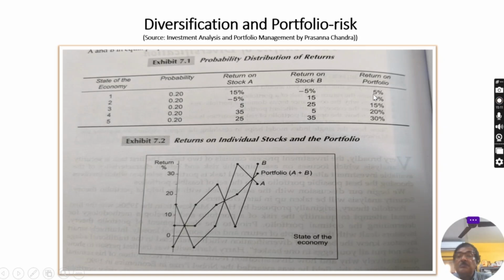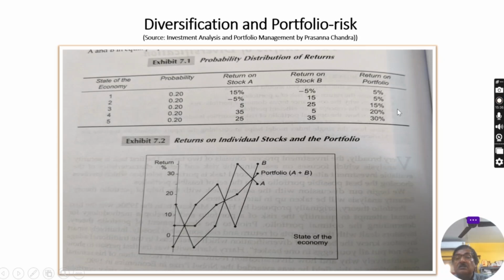Then you can see the return will be half of 15% plus half of minus 5, that is 5%. Half of 15% means 7.5 minus 2.5, that is 5%. Because weightage is half of the entire money, in this case I am showing half 17.5 plus 2.5, that is 20%.